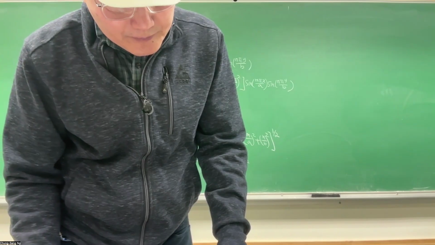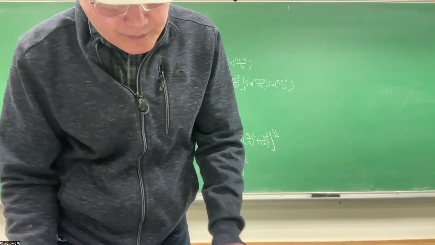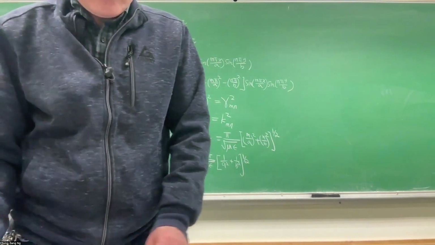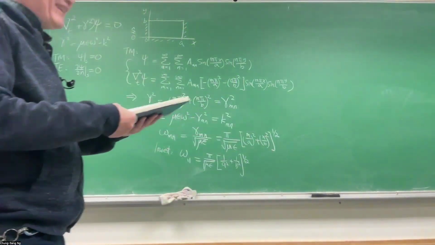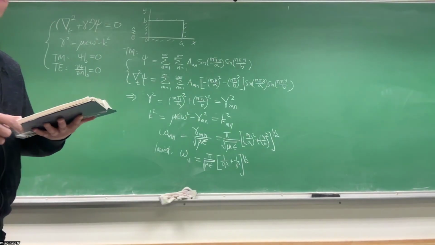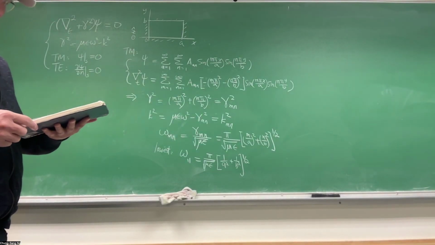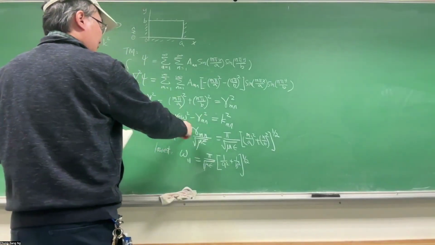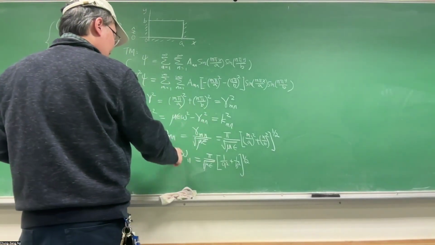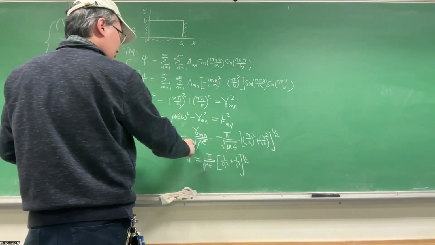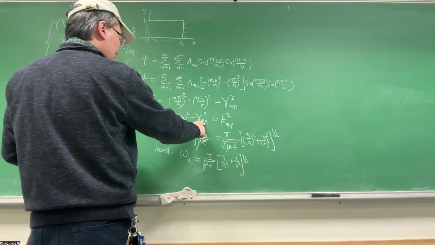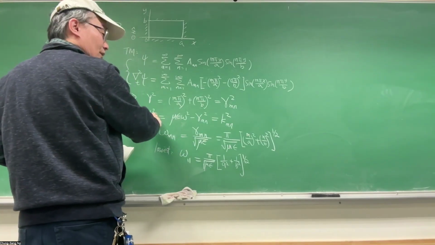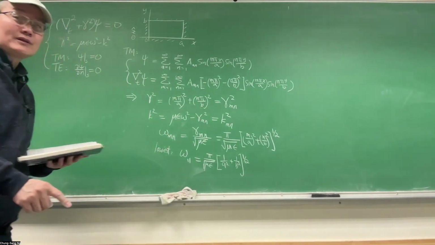Right. What does cutoff frequency mean? Well, last time we talked about it, you forget. Figure 8.4. You see that if omega is smaller than this one, then this is negative, right? Negative, k squared is negative, means k is imaginary.